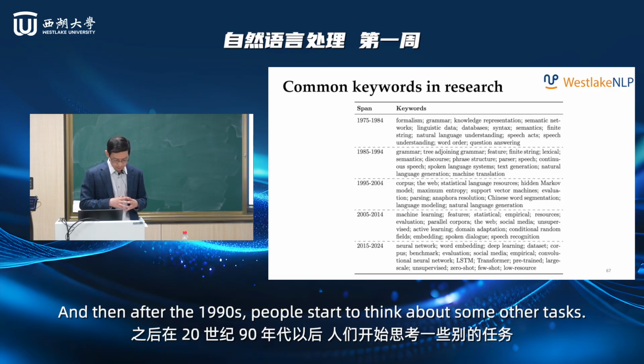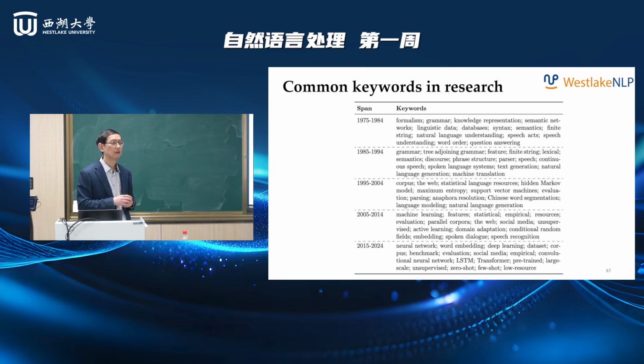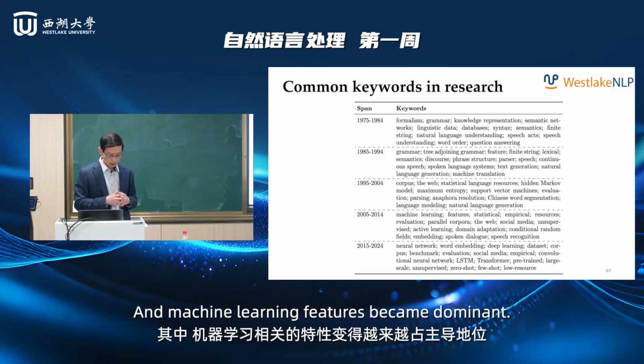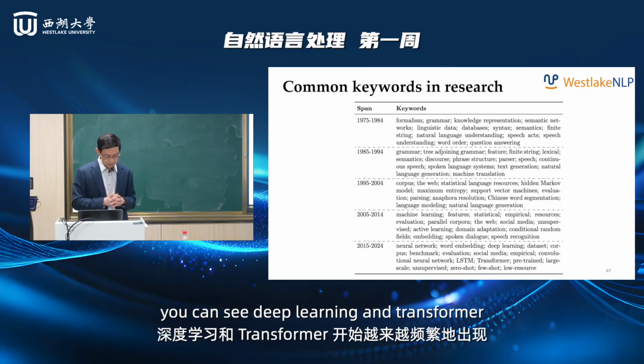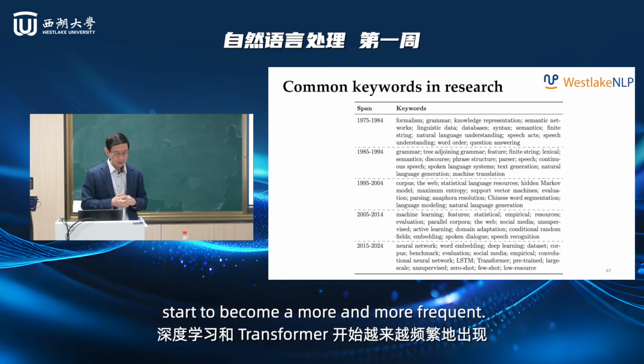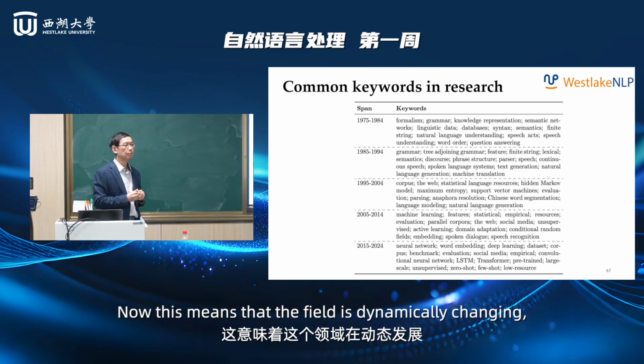And then after the 1990s, people started to think about some other tasks, and machine learning features became dominant. And from 2015, you can see deep learning and transformer become more and more frequent. This means that the field is dynamically changing.